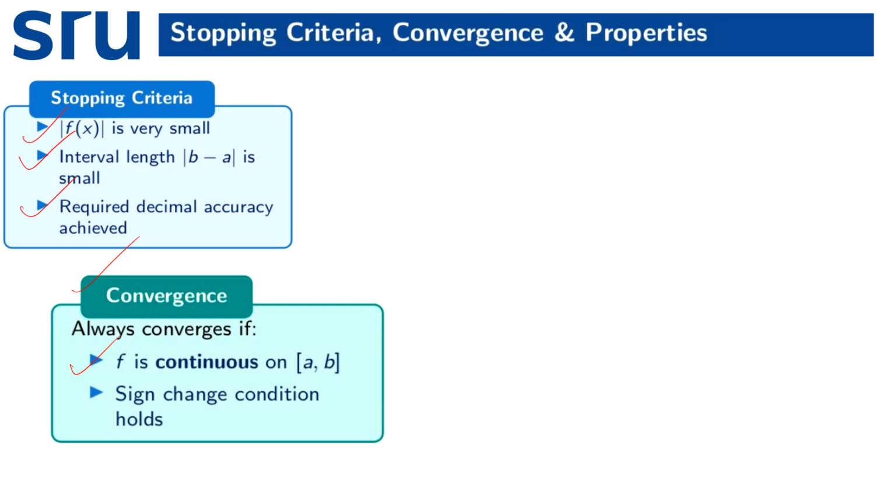If these two conditions are satisfied, then the method is guaranteed to reach a root. Sign change condition here means f of a dot f of b should be less than 0. So that is why the bisection method is considered one of the most reliable methods.